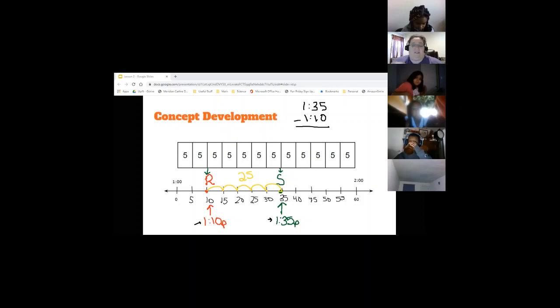If it says 2:10, you cannot do it anymore. So we're going to subtract 1:35 and 1:10. These two cancel each other out, and we're going to subtract 35 and 10. 5 minus 0 is 5. 3 minus 1 is 2. And then look, we got 25 and 25. They both equal 25 minutes.